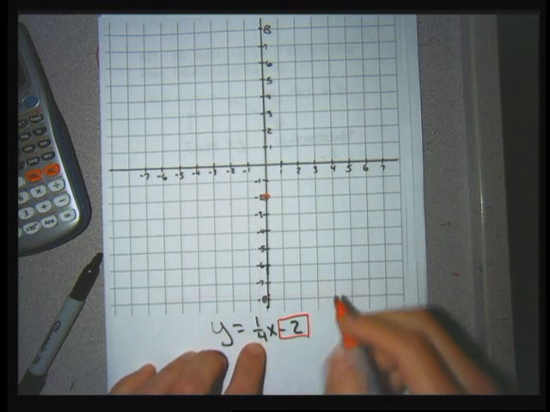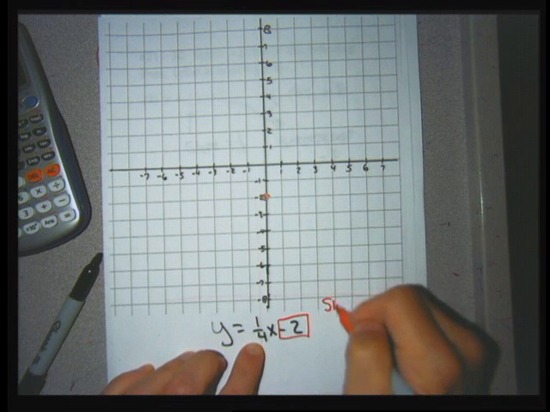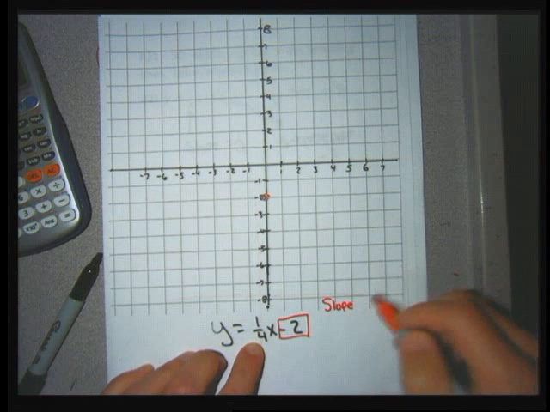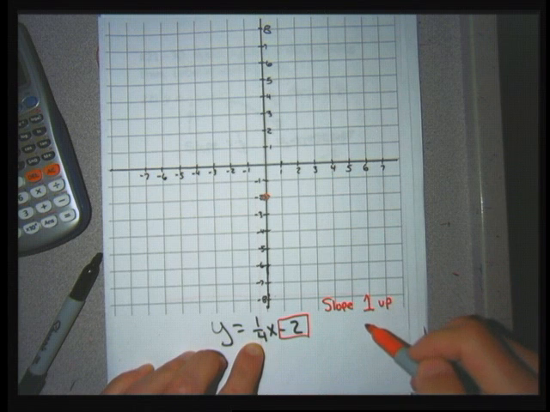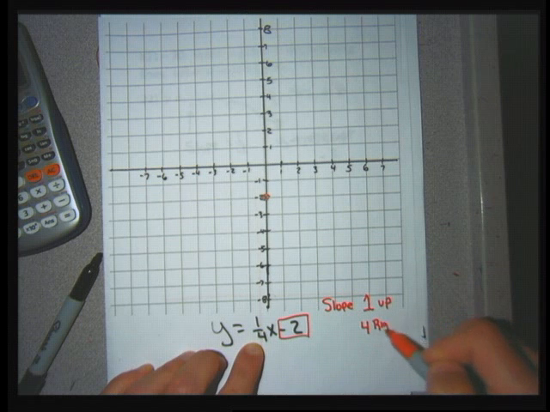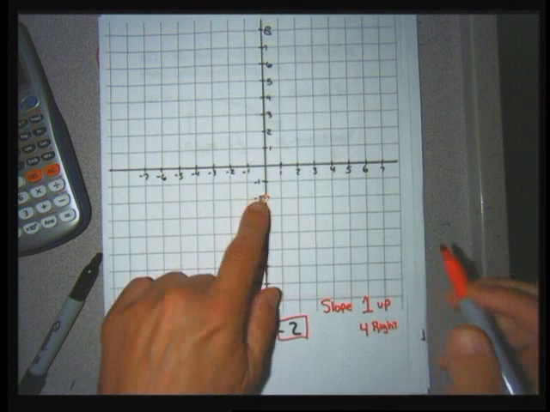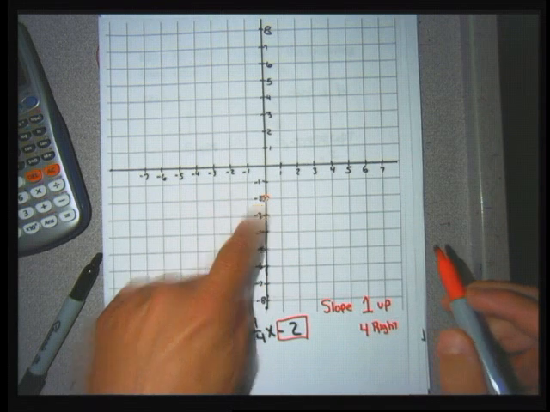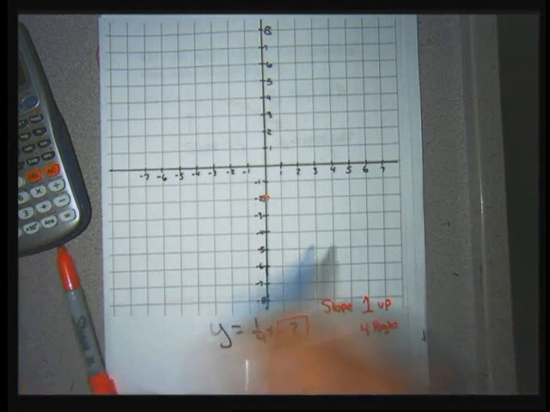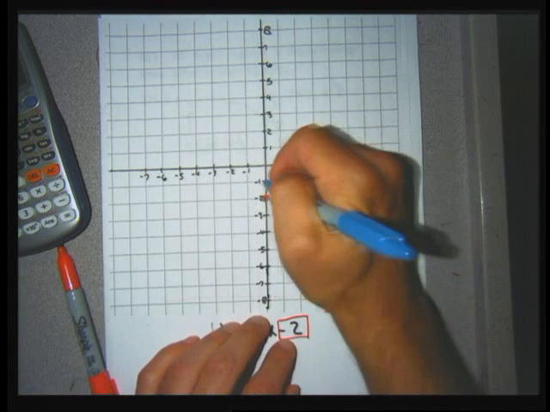And now I'm going to use the slope. The numerator of the slope is the y direction. Since it's positive, I'm going to go up. The denominator of the slope is the x direction. Because it's positive, I'm going to go right. So from the y-intercept point 0, -2, I'm going to go up 1, right 4.